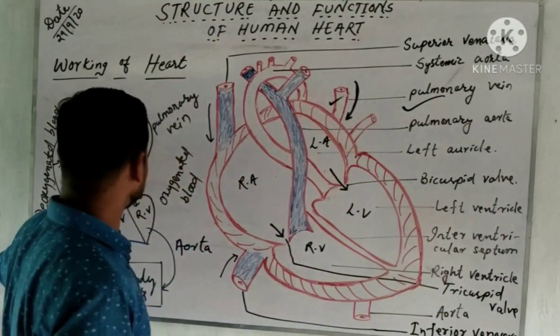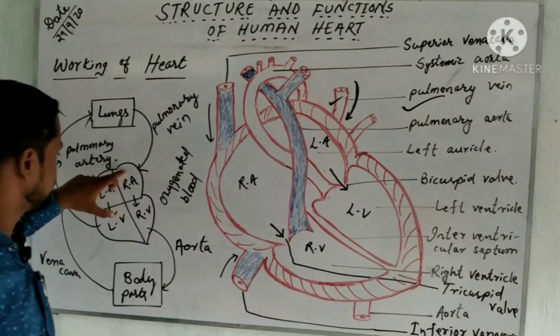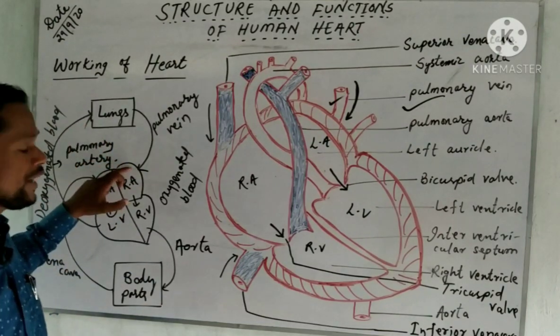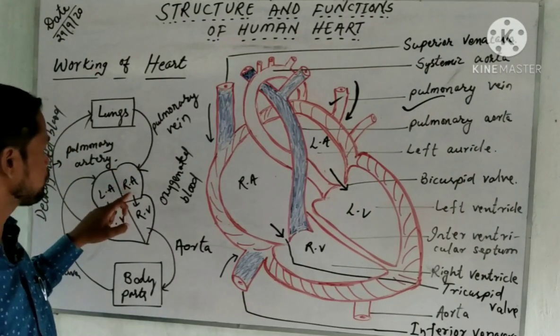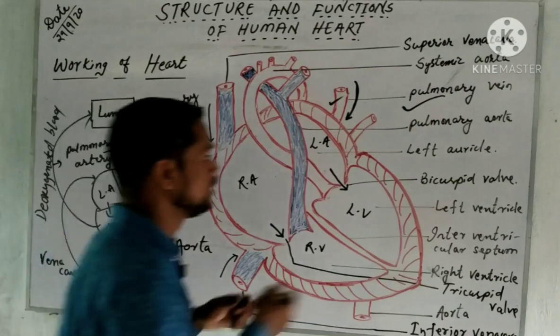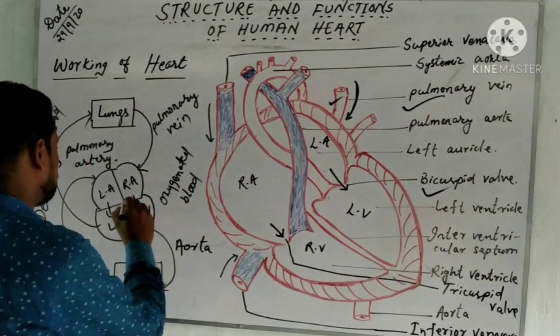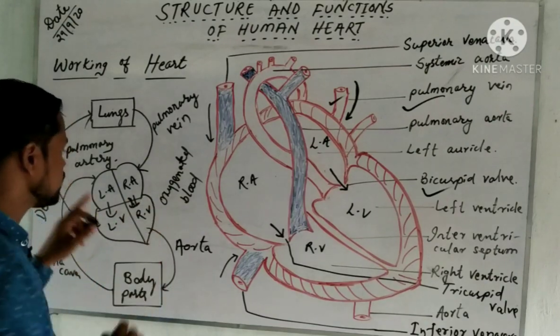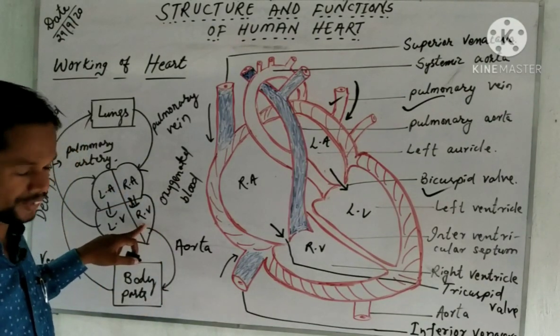So when the blood reaches the right auricle, the right auricle will contract, so that the blood passes through the valve present between the right auricle and right ventricle, the bicuspid valve, which has two ways. Through the bicuspid valve, blood will reach the right ventricle.